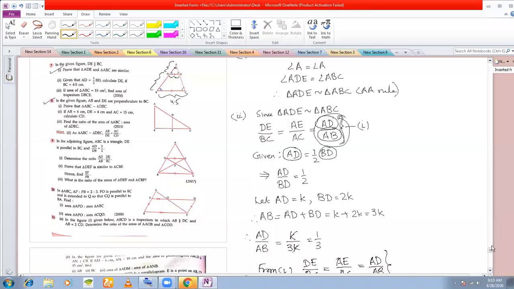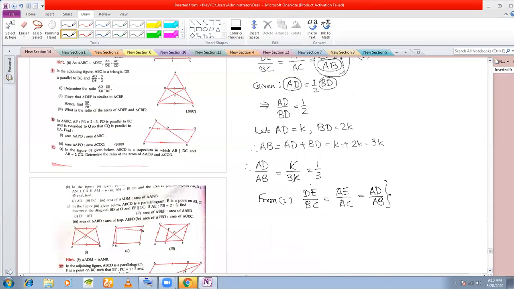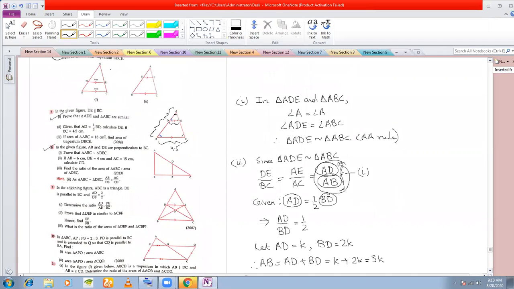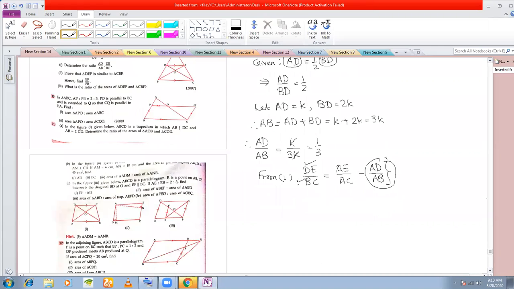Calculate DE. This ratio is given. And what else is given? BC is given. So this one is given. So we take these two. DE by BC is equal to AD by AB.